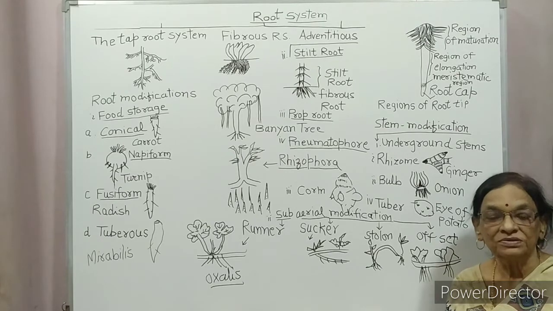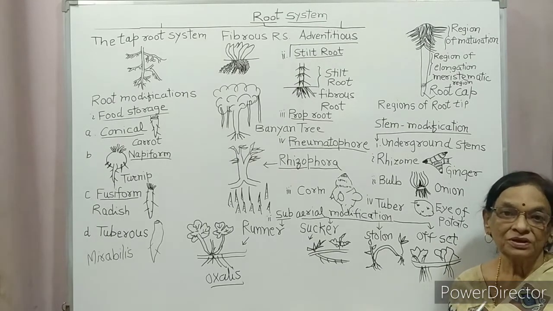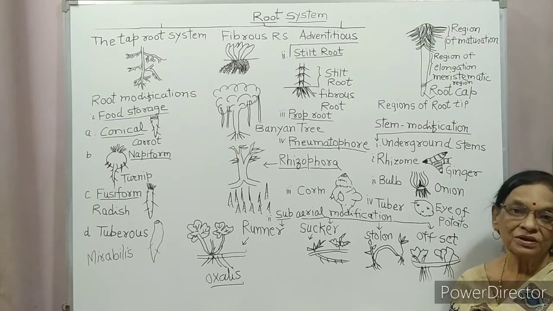The function of root is to fix the plant with the soil. The second function is to transport water and minerals from the soil towards the underground and aerial parts of the stem.